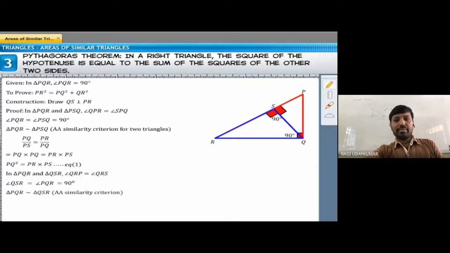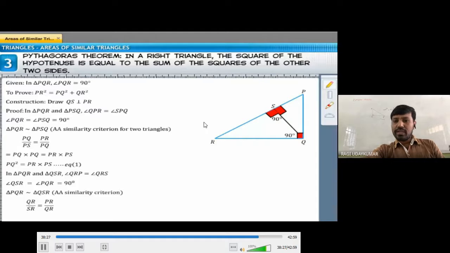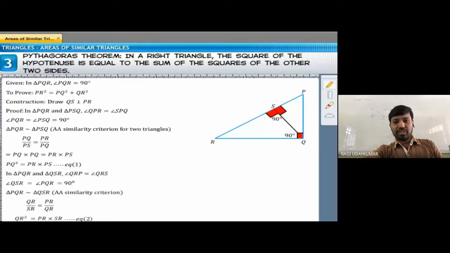Therefore, similarly by AA criterion, the two triangles PQR is similar to QSR. So now the corresponding sides are in proportion. From that QR by SR equal to PR by QR, QR square equal to PR into SR. This is equation number 2.